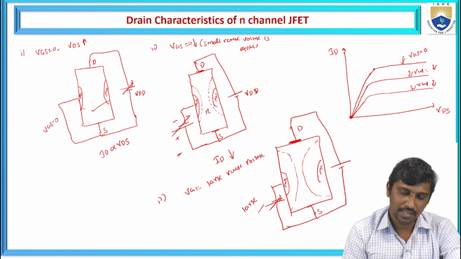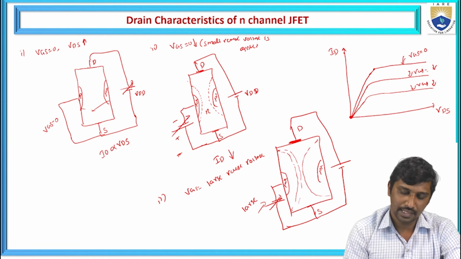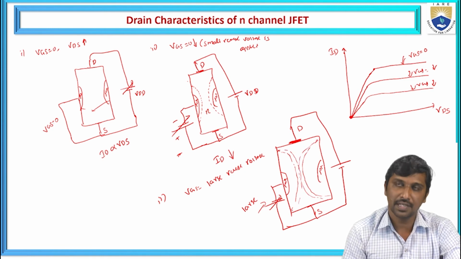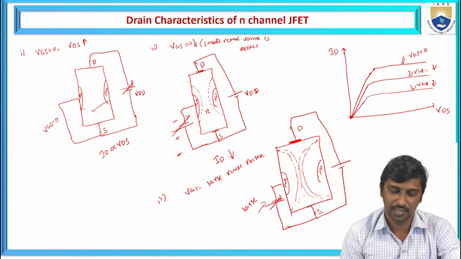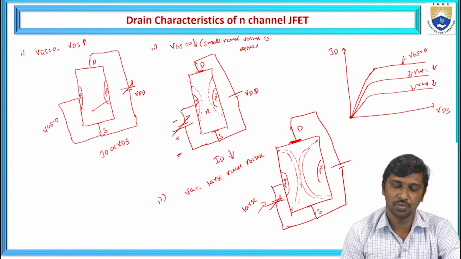If we go on increasing this reverse voltage, what happens internally? It changes the depletion width. At a particular large reverse voltage, it completely occupies the channel. Hence, there is no movement of charge carriers from the source to drain.